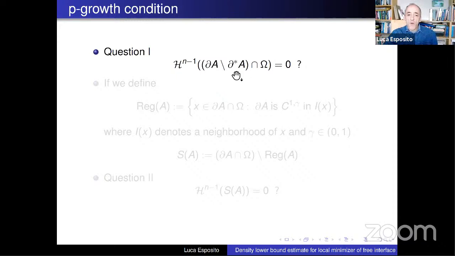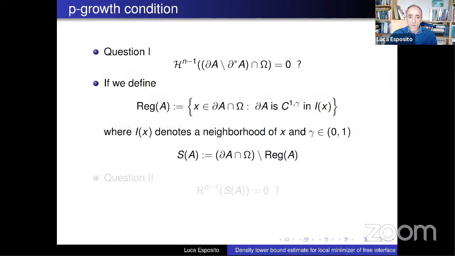There are no points in the topological boundary that have density 0 with respect to the set A. There are almost no points, almost with respect to n-1 Hausdorff measure. And this is the first question.